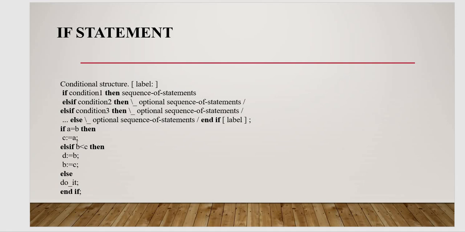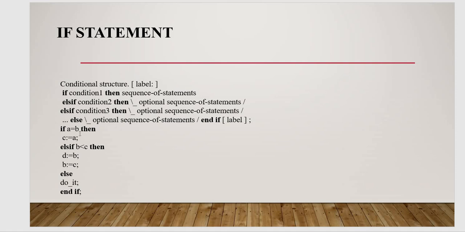Now there is the most popular, the if statement. The conditional structure is: if some condition, then a sequence of statements, then else if condition 2, then something else, and so on. After multiple such else if statements, the last will be else, and then end if.